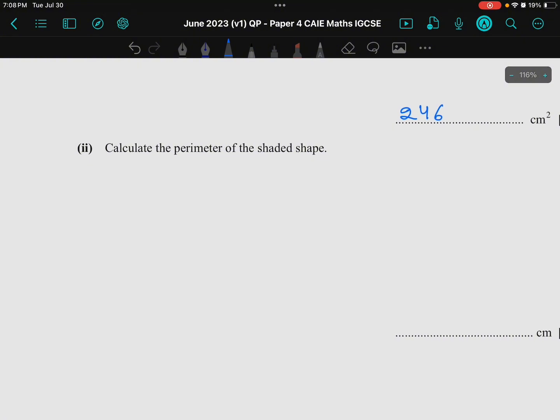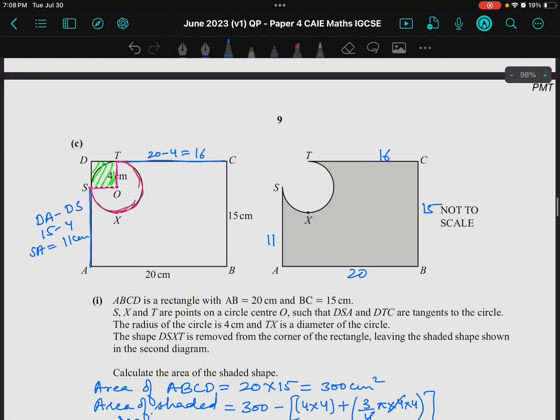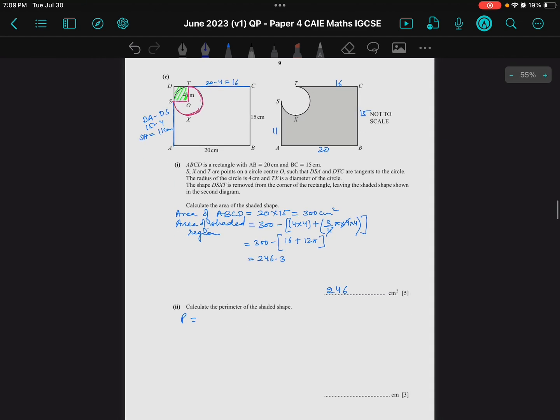Part number 2 is calculate the perimeter of the shaded shape. So perimeter is the sum of all the lengths, the boundary wall. So what is the boundary wall? Just check here. The boundary wall is this side plus this side plus this side plus the boundary of 3/4 of this circle.